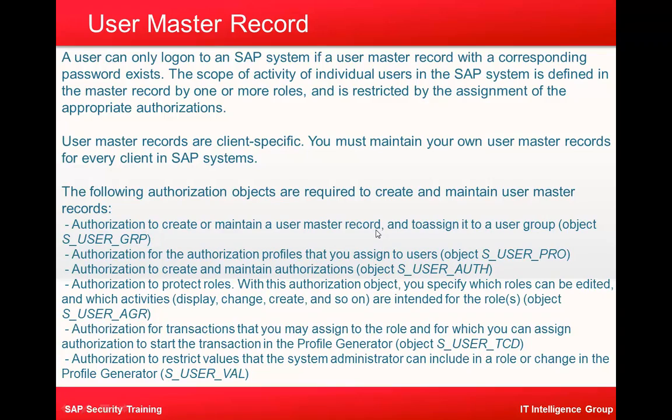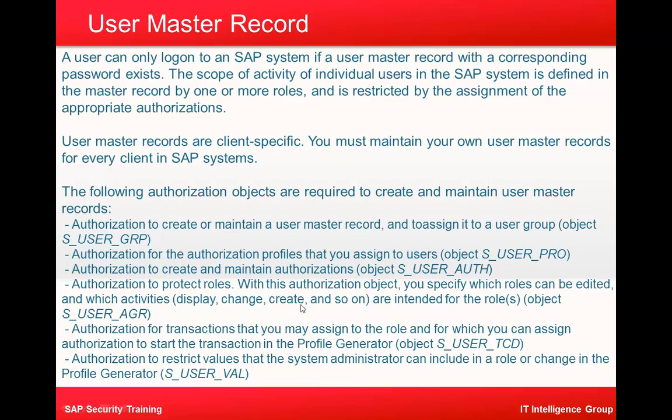The following authorization objects are required to create and maintain a user master record. The first is S_USER_GRP. This is the authorization to create or maintain a user master record and to assign it to a user group. Next is S_USER_PRO. This is the authorization for the authorization profiles that you assign to users.